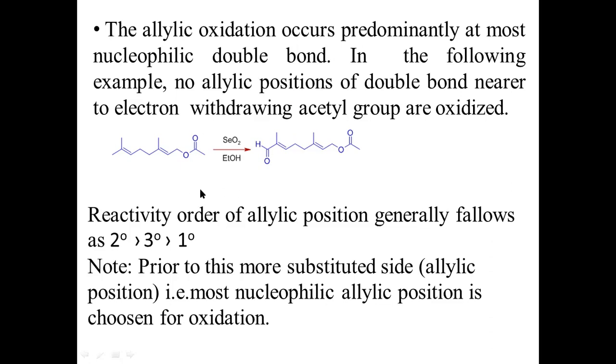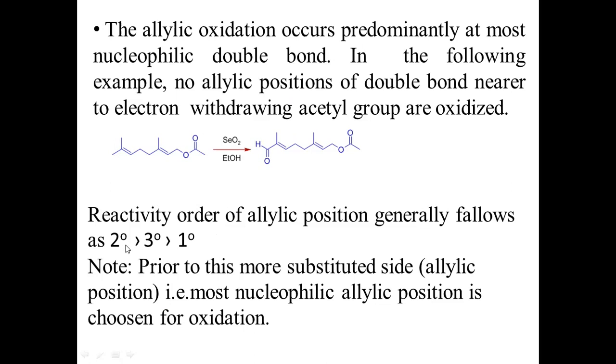Okay? So next, if we have a competition even within the more substituted end, that means if we have secondary, tertiary, or primary positions, which order of reactivity do we have to follow?